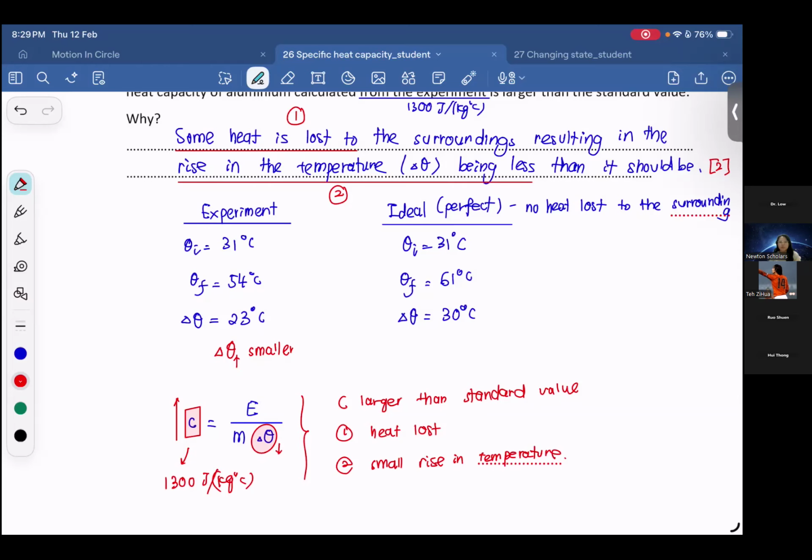The second mark, you can mention the smaller change in temperature, a small rise in temperature. Have you done this part? If yes, can you give me a response? Then I come back to questions 1 and 2.